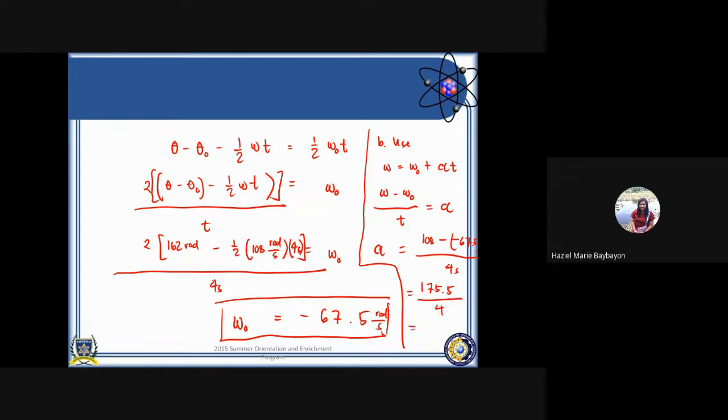Okay, so this is the acceleration. 175.5 divided by 4 is equal to 43.875 radians per second squared.